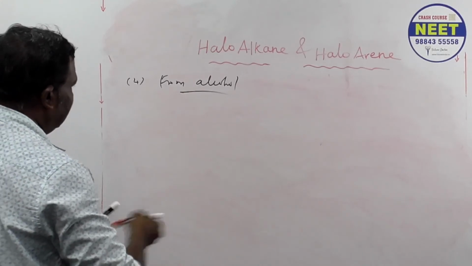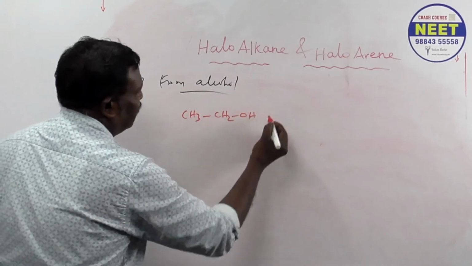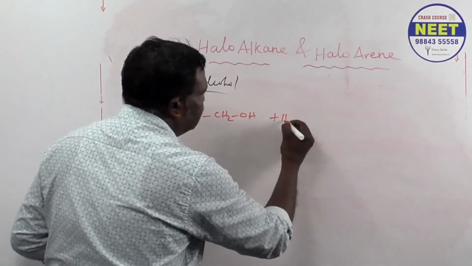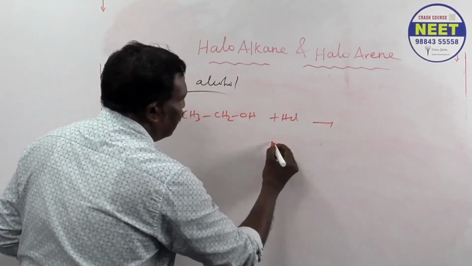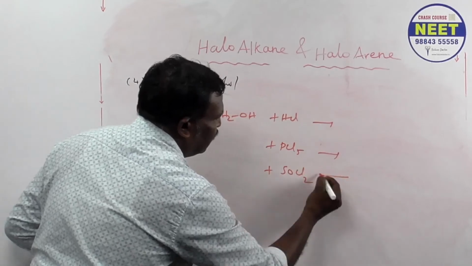This is a simple one. Here, just remember the best method only. After that, don't worry about the other ones. You take ethanol. We can add HCl, or PCl5, or SOCl2.